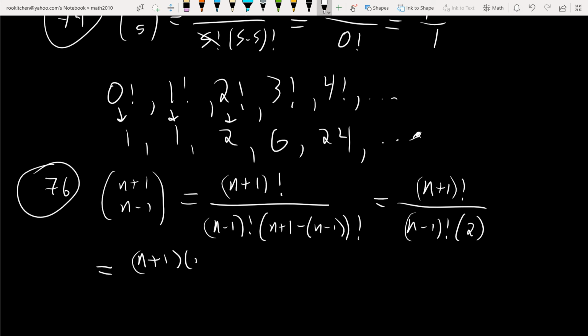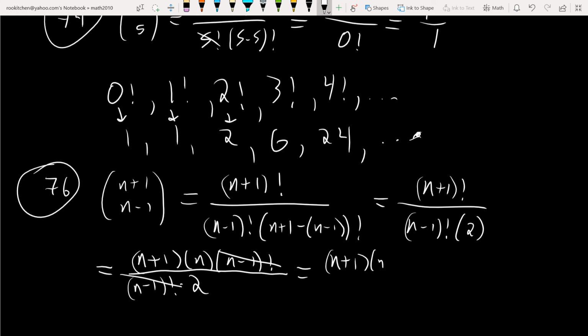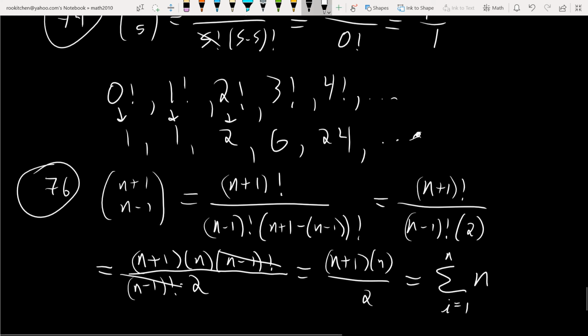So n plus 1 times n times n minus 1 factorial. And there'll be a nice cancellation there. So the n minus 1 factorials cancel. You get n plus 1 times n all over 2, which I believe is also the sum from i equals 1 to n of i. Okay, it's also the same thing. So there has to be some weird identity going on there.